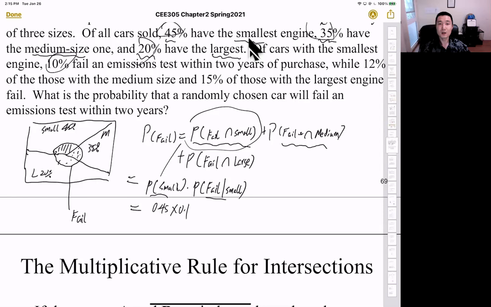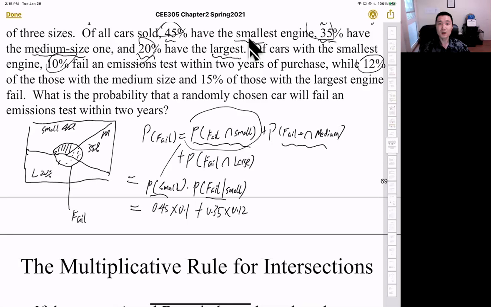Okay, so similarly for the second part, it is equal to 0.35, which is the probability it is a medium size engine, times 0.12.